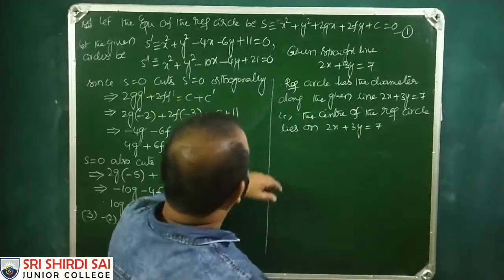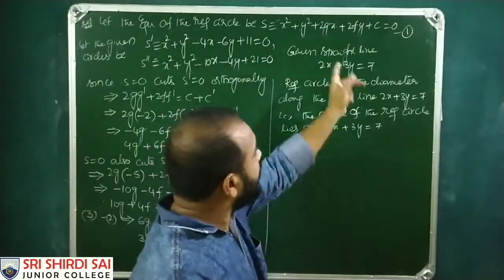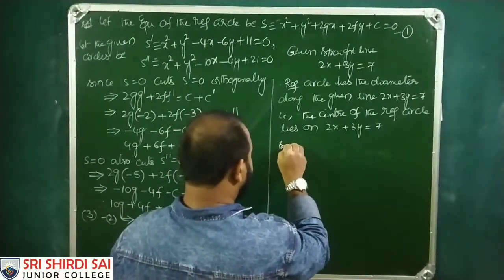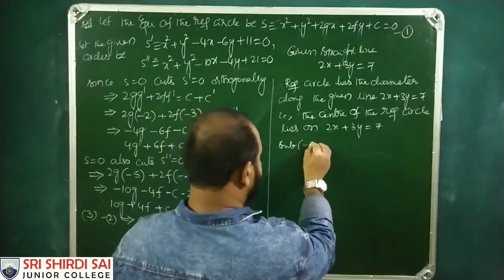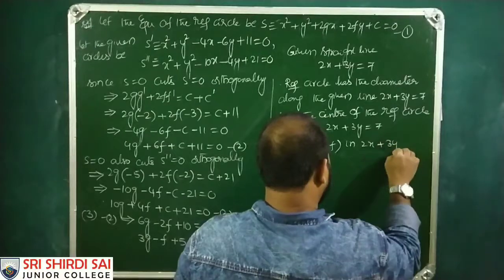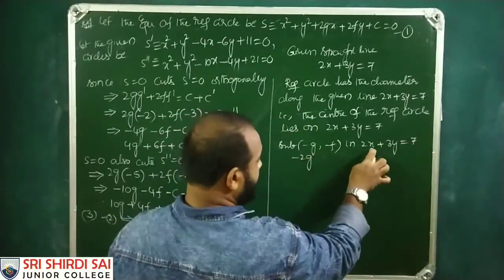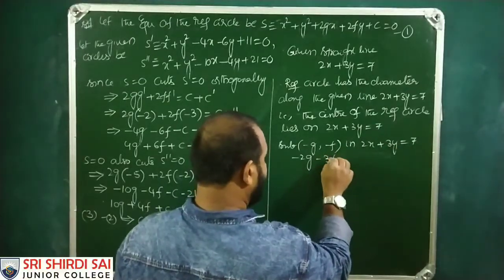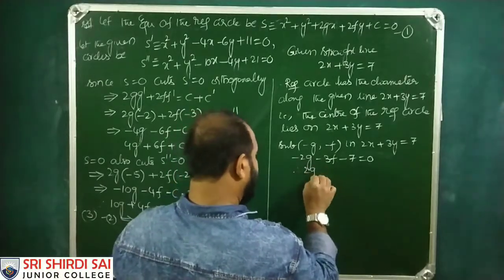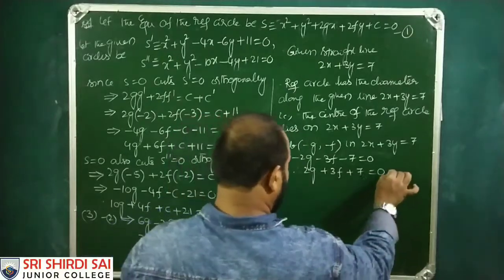If this is the general equation of the circle, what is the center of it? Minus g, minus f. So substituting minus g, minus f in 2x plus 3y equals to 7: 2 into minus g is minus 2g, 3 into minus f is minus 3f, minus 7 equals to 0. This is 2g plus 3f plus 7 equals to 0. Let us take this to be the fifth equation.